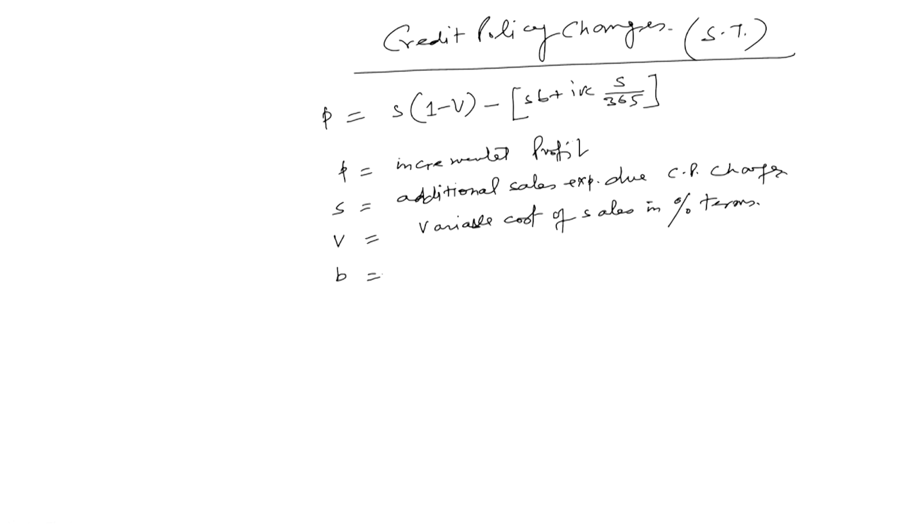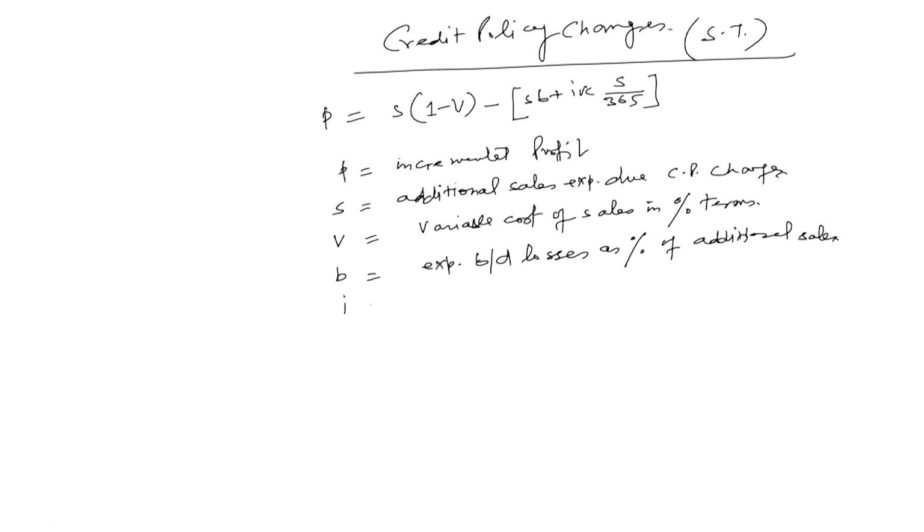B, for Bombay, is the expected bad debt losses as a percent of additional sales, right.